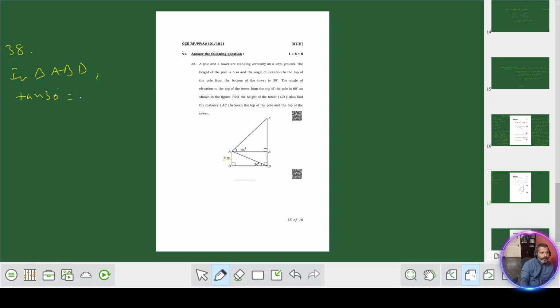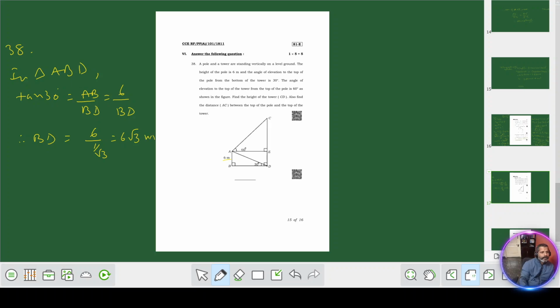Tan 30 is opposite by adjacent. AB is 6 by BD. Therefore, BD is equal to 6 by tan 30. Tan 30 is 1 by root 3. That is 6 root 3 meter.